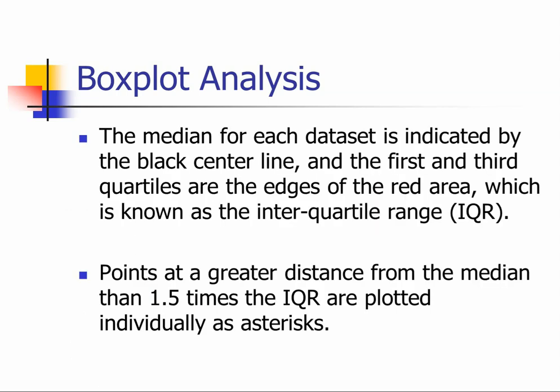The median for each data set is indicated by the black center line, as we see, and the first and third quartiles are the edges of the red area, which is the IQR. Points at a greater distance from the median, beyond 1.5 times the IQR, are plotted individually as asterisks.